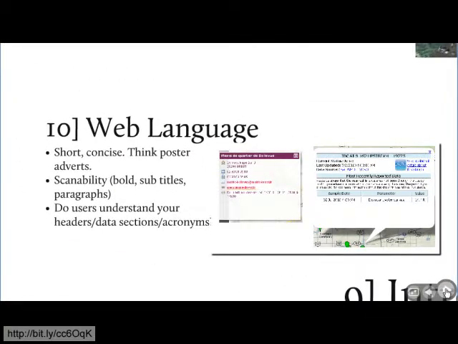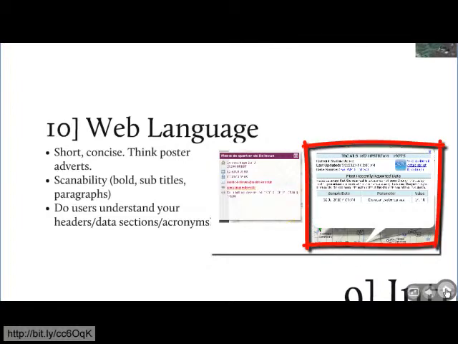Web language, as I just mentioned, keep it short and concise. I think poster adverts aren't long and wordy, or most ones aren't, and you want to use the same sort of language in all the things you do on your map. So again, returning to the bubbles, the language was too long in the one on the right and was vague, and a normal user wouldn't instantly get it.